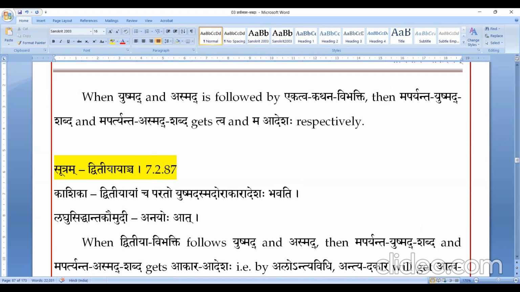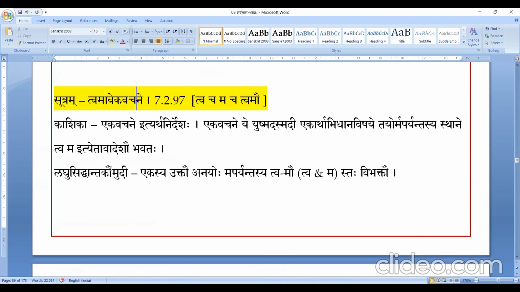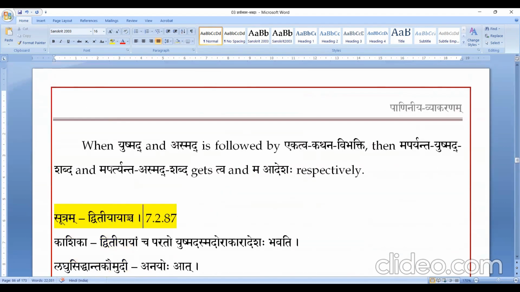Dvitiyayascha, also for dvitiya. The previous one is 7.2.97, and here it is 7.2.87. Dvitiyayascha, for dvitiya also what? 7.2.87.